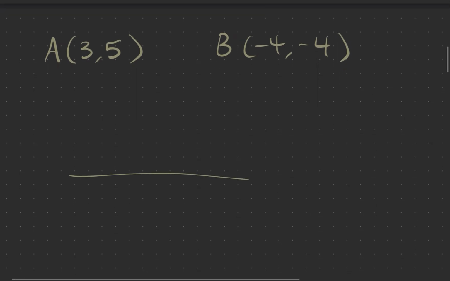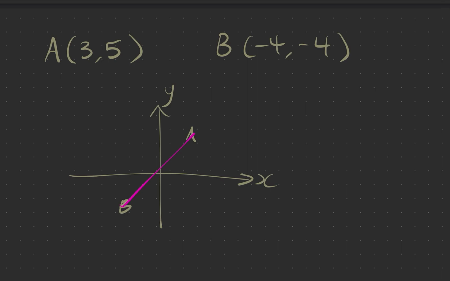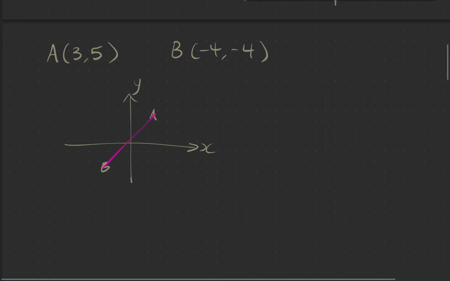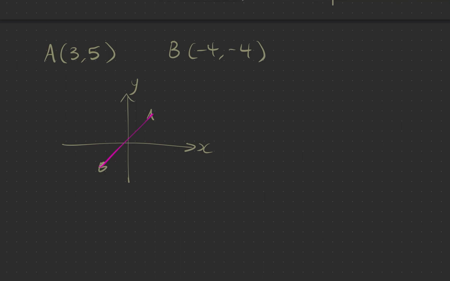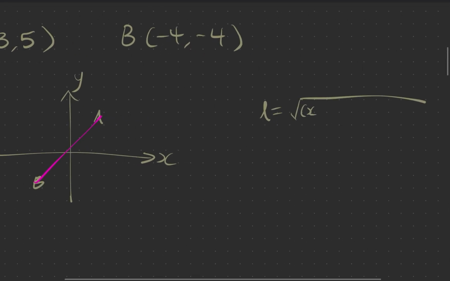So back to this again, I'm just going to do a quick sketch. Looks a little crude, but it's alright. This is AB. Okay. So it's the same coordinates as just now. And the formula, right, is actually just your length equals to the square root of (x1 minus x2) squared plus (y1 minus y2) squared.